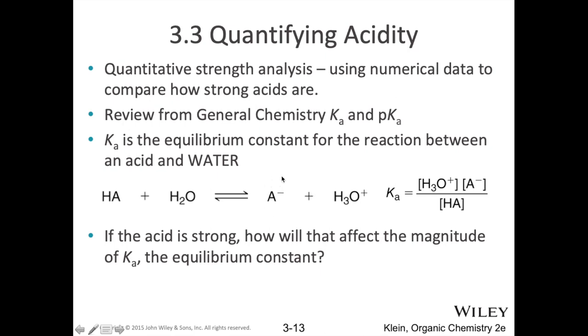Okay, so we have our products here. We have our conjugate base and we have hydronium, so both of those go in the numerator. On our reactant side, we have our acid and water acting as a base. Notice that we only write our acid in the denominator. Why is that? Remember, these square brackets stand for concentration, or molarity, and water, being a liquid, doesn't have a concentration.